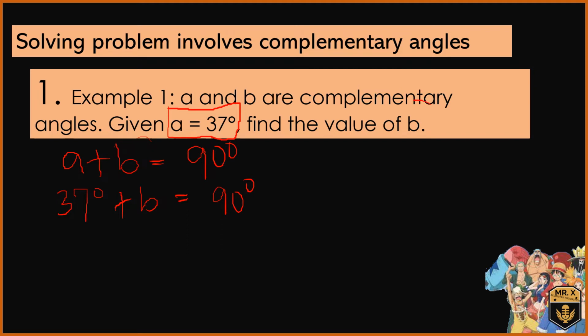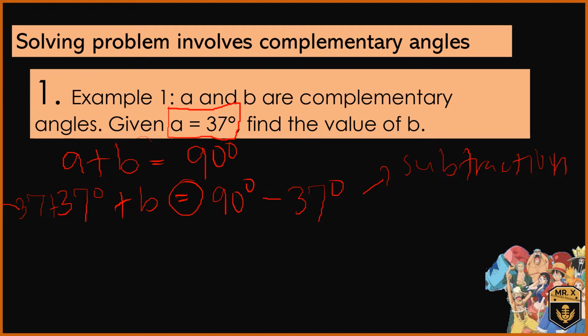Now we will find the value of B. To do that, 37 degrees must be removed so that only B remains. So we subtract 37 degrees, and we must do the same on the other side, because it is an equality, so it must be fair. If we subtract on one side, we subtract on the other side. It is called the subtraction property of equality.